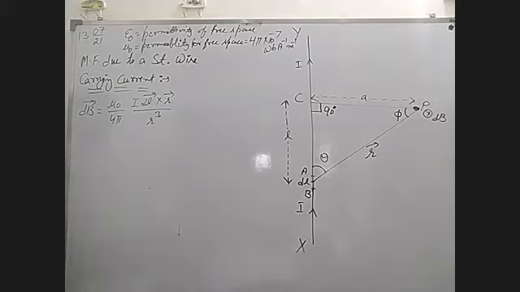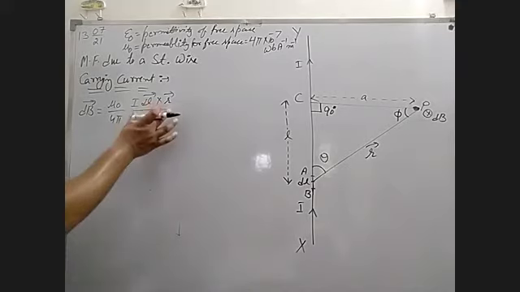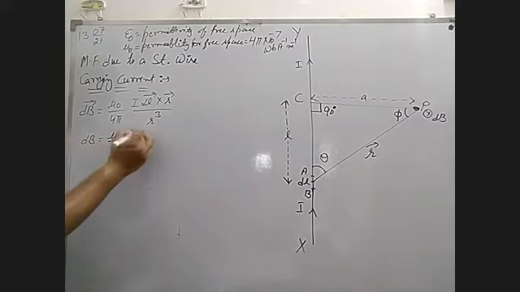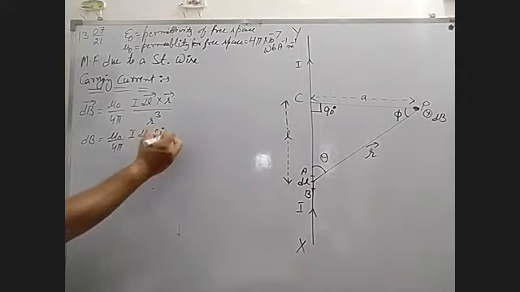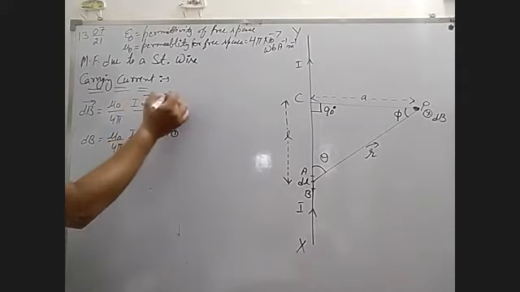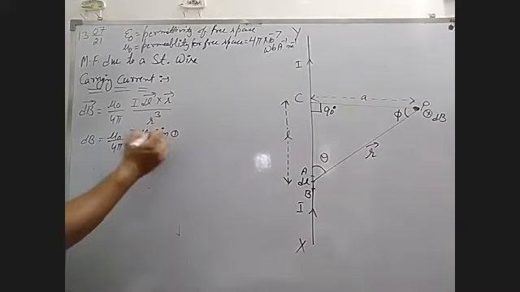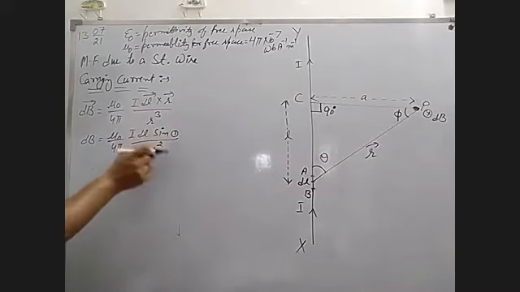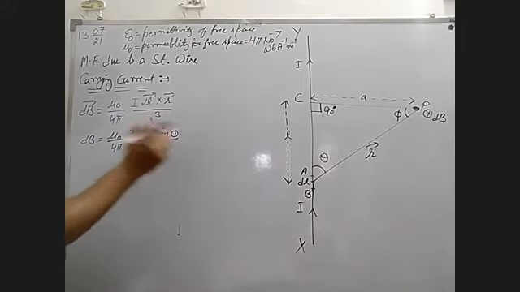Now if we take its magnitude, it can be written as mu naught upon 4 pi I dl sine theta upon r square, because r cancels with one r in r cube. This is the scalar form.